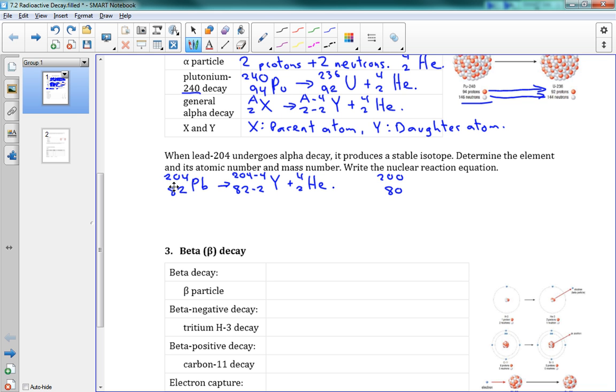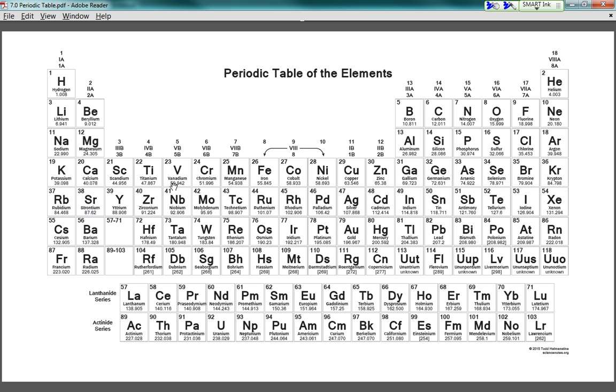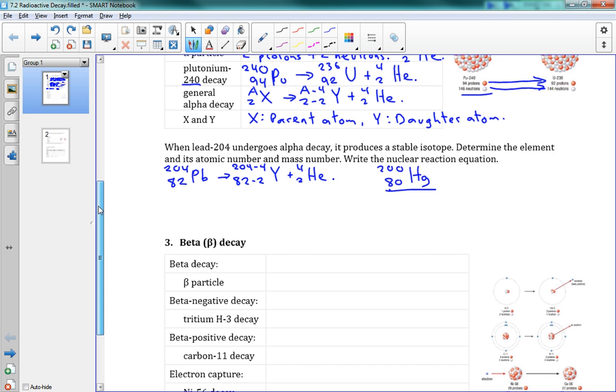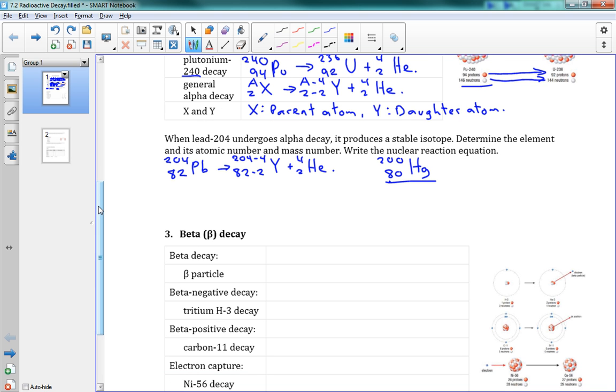That's the atomic number. So we need to look up, again, over here, 80. 80 is Hg, mercury. So we call this one Hg, and that's what we're working with here, 80, 200 Hg. So to answer the question, because it asks for a few pieces of information, it asks what's the element.